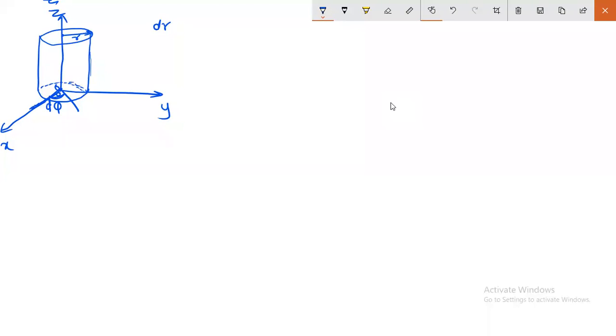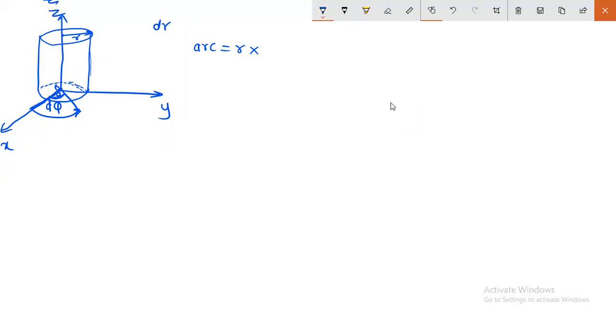This angle starts at the x-axis and goes up to this point, so I want to find this differential length. This differential length is nothing but the arc, right? The arc is equal to radius into angle.